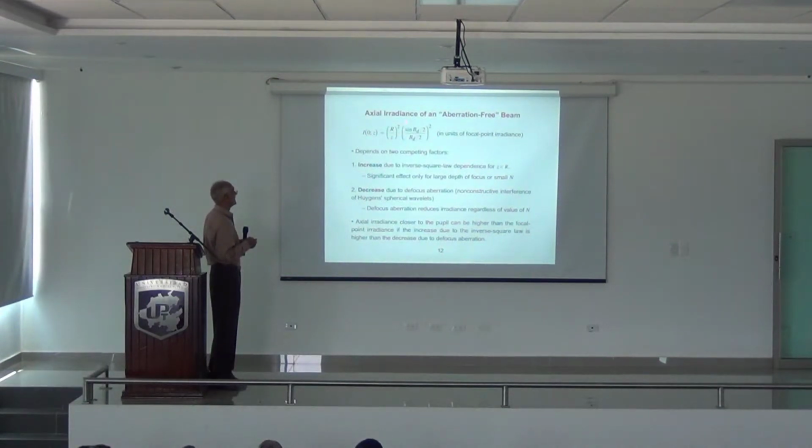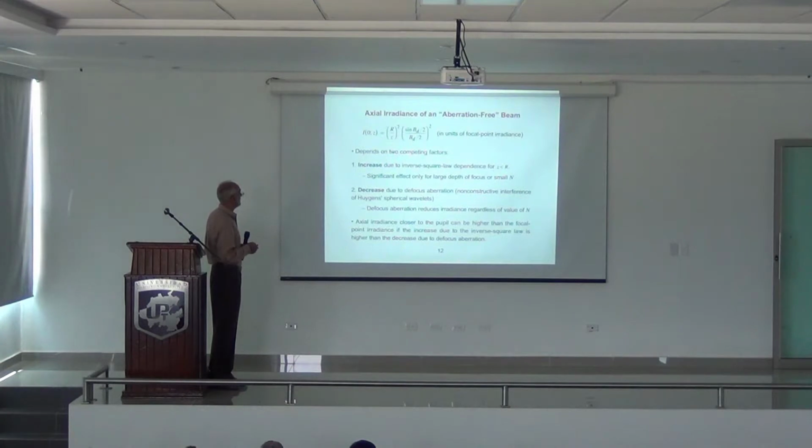R over z squared represents the inverse square law dependence. And you notice this number is less than or equal to 1, this number can be larger than 1 if z is less than r. Z less than r means the beam gets focused at a certain distance, we make the observation closer to the pupil.